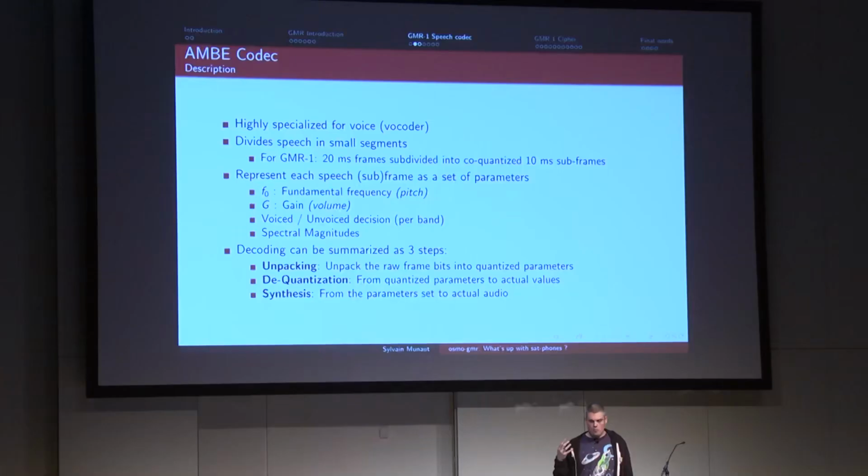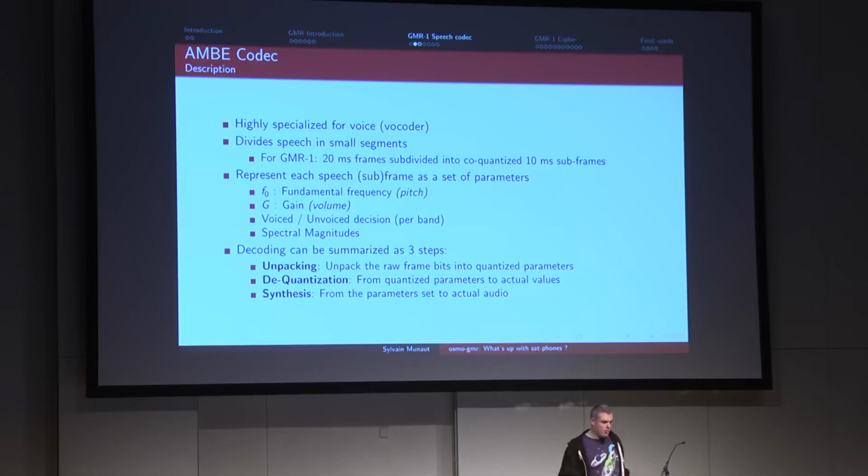Those are the pitch, which is essentially the fundamental frequency of the periodic component of your voice, and the gain, which is how loud you're talking. Then something called the voiced and unvoiced decision, which we're going to see right after. Essentially, you have the fundamental frequency, then for each harmonic, so 2 times the frequency, 3 times, 4 times, you have a bit that says, is that component voiced or unvoiced? And then you have the amplitudes for the various harmonics.